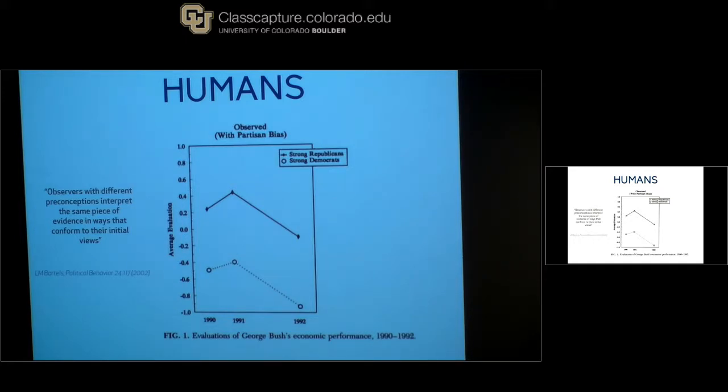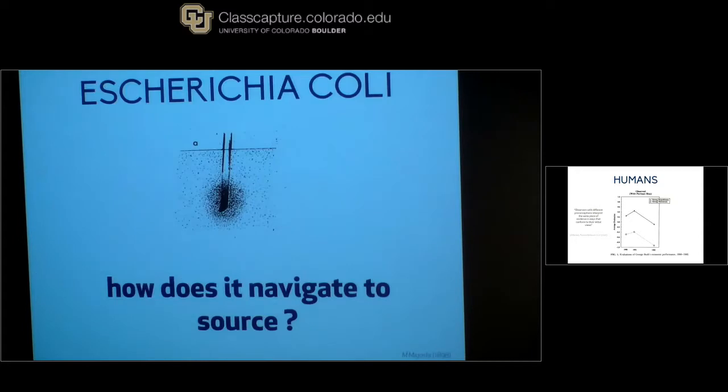Okay, and then this is the subject for today. This is a very old essay which dates to 1898, which shows that bacteria are able to navigate to locations of interest. In this case, there was an attractant given by this capillary tube, and it was observed that most bacteria would get there.